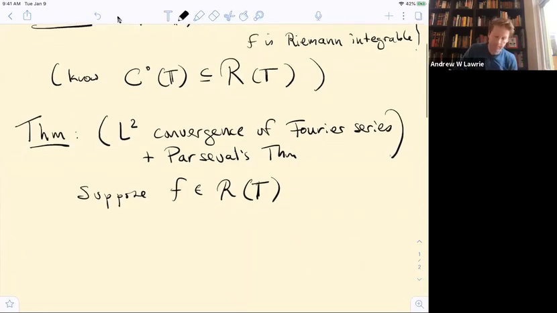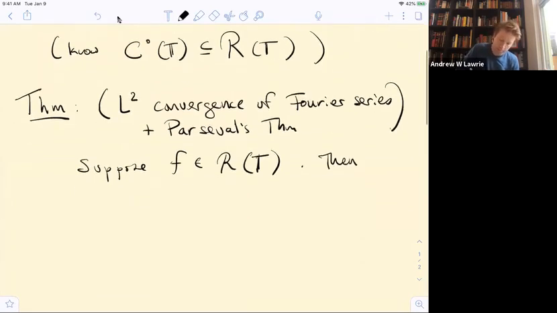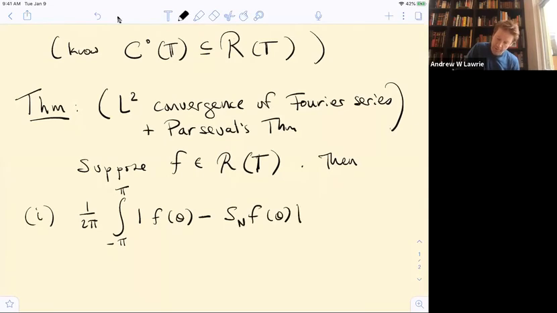Then part one, we have L2 convergence: 1 over 2 pi, the integral from minus pi to pi of |f of theta minus Sn f of theta| squared d theta tends to 0 as n goes to infinity.